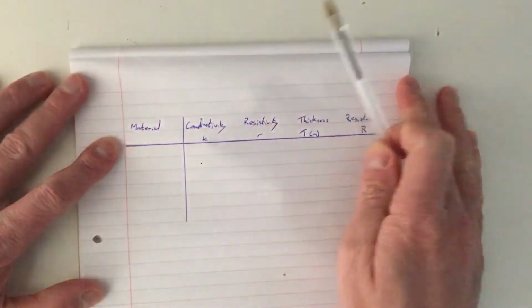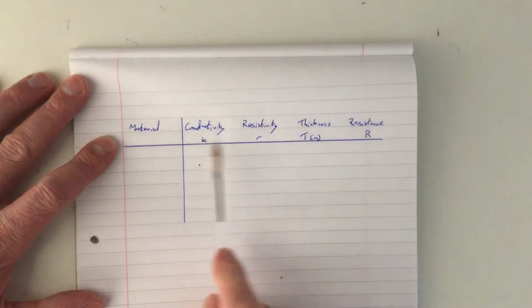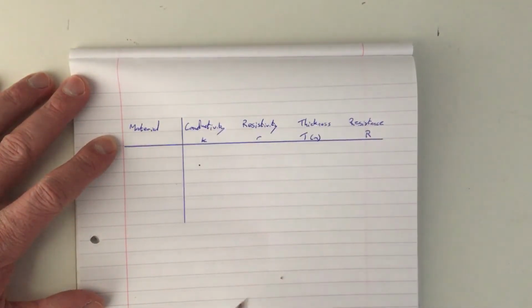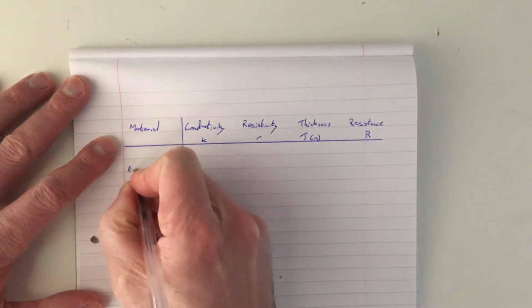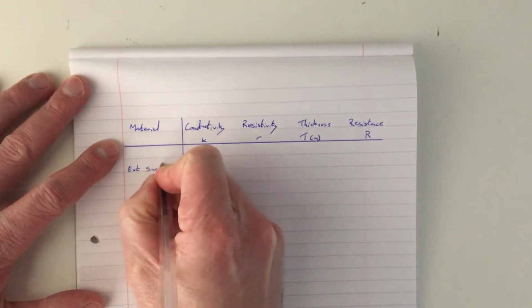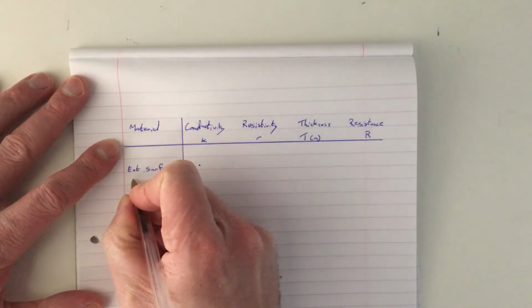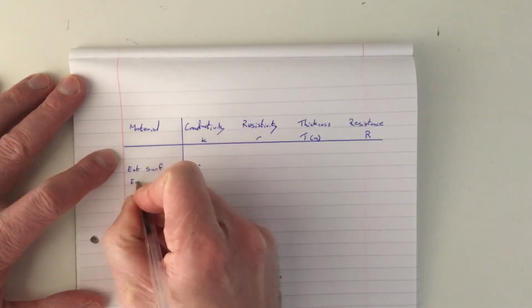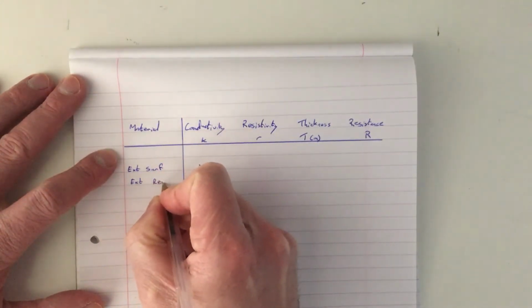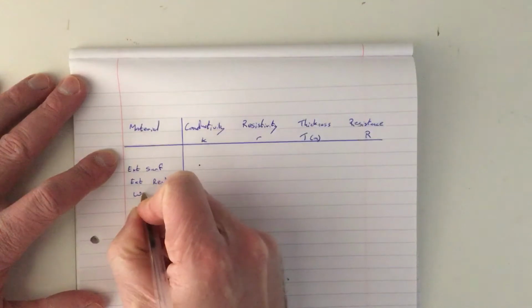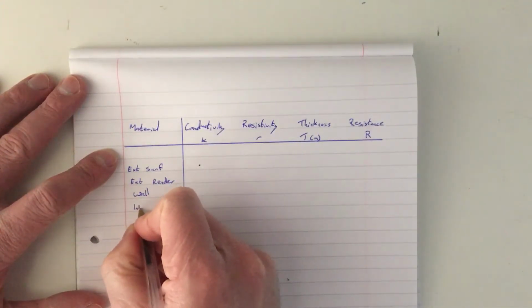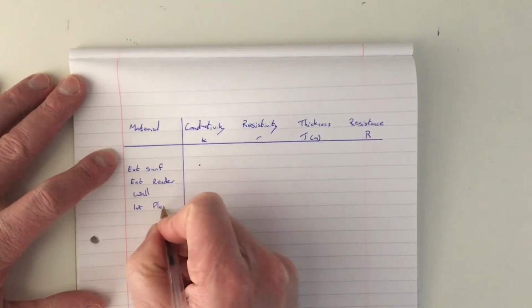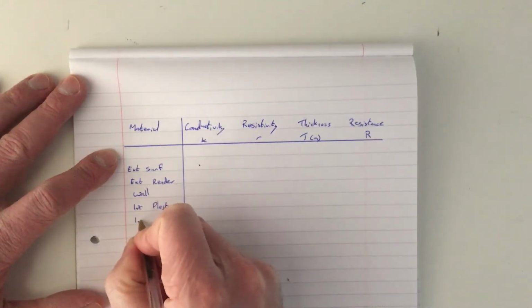I've already started on this one, but material, conductivity, resistivity, thickness, and resistance. And I'm going to start from the outside wall and work my way in. So my first thing is my external surface. Then I have my external render, I'm given my wall in the question, my internal plaster, and my internal surface.